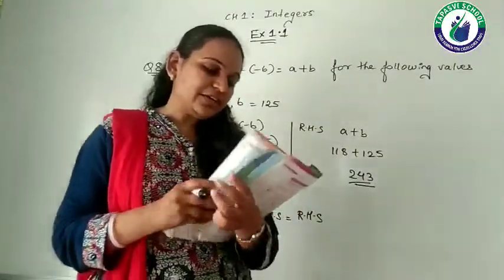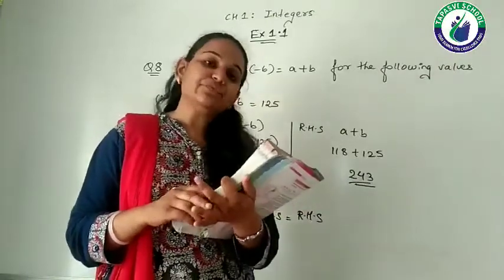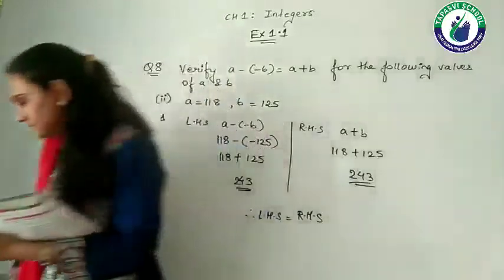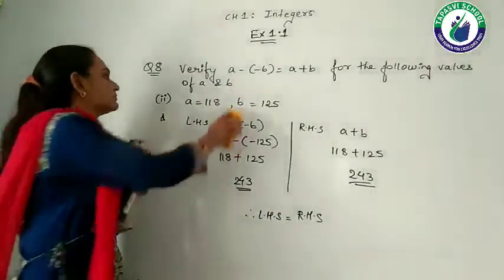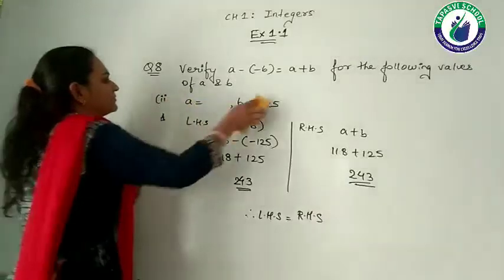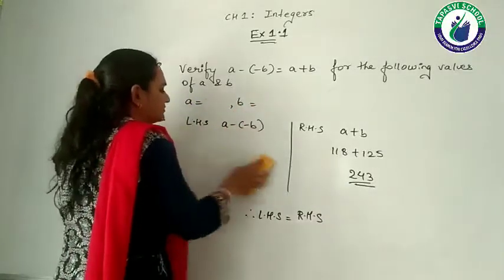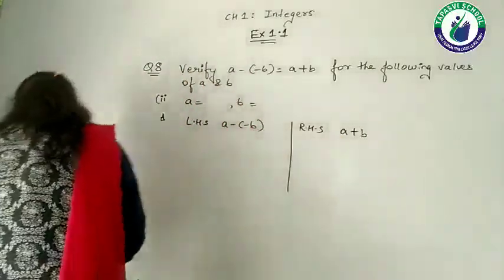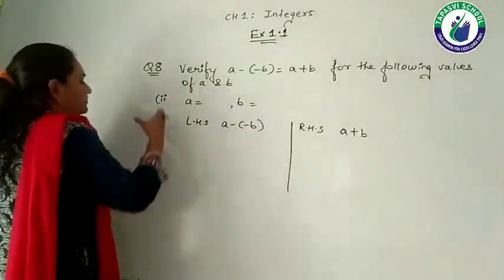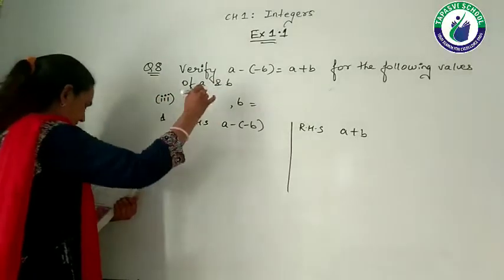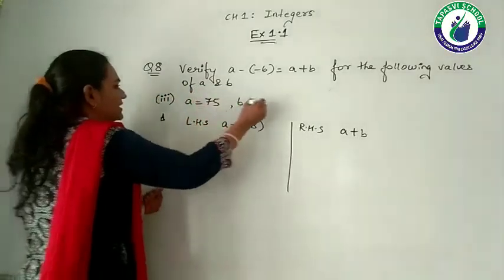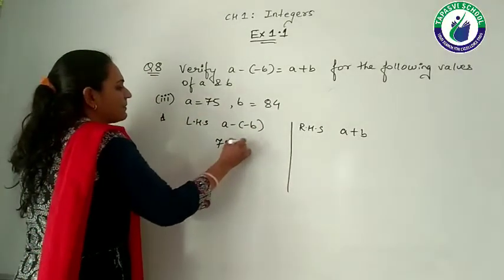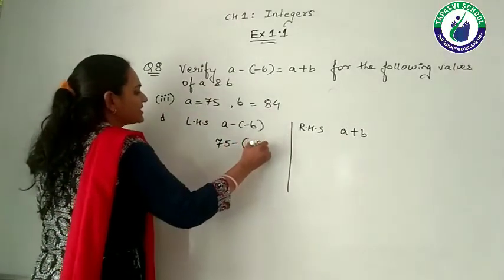A is equal to 75 and B is equal to 84. Put the value of A as 75 minus the value of B as 84.